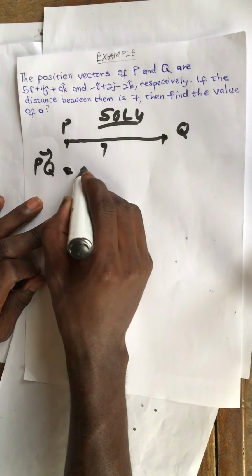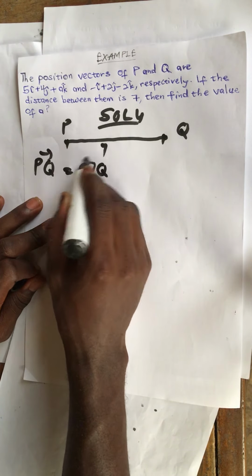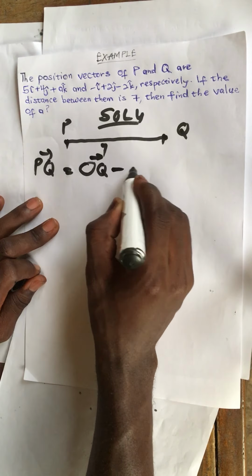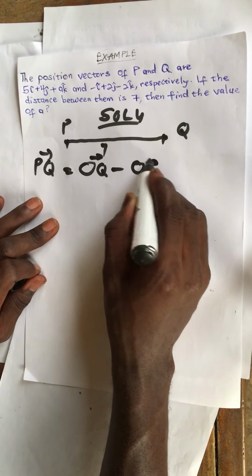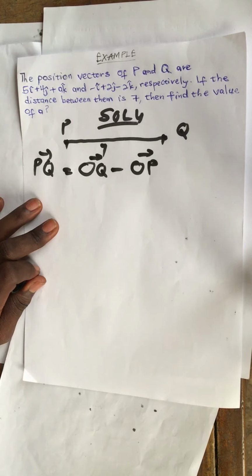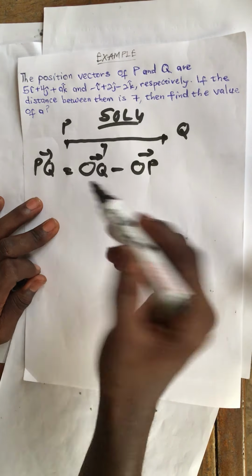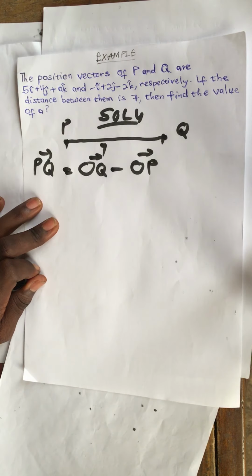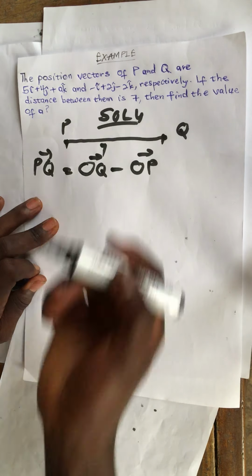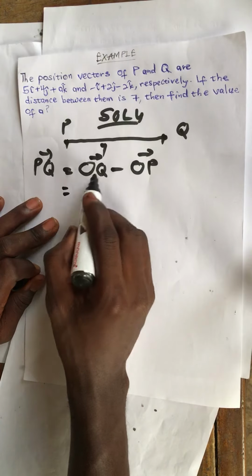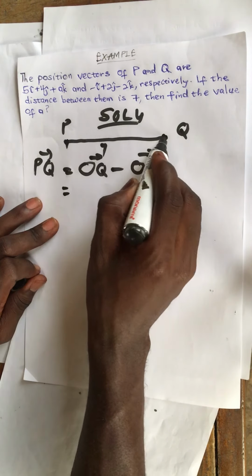This simply means position vector Q minus position vector P. We know the position vector for Q and the position vector for P. So let's write this: the distance from here to here.